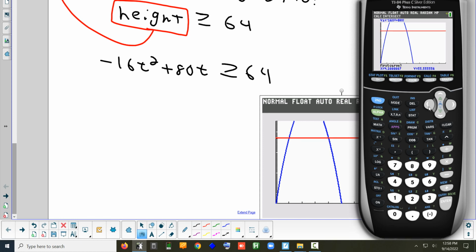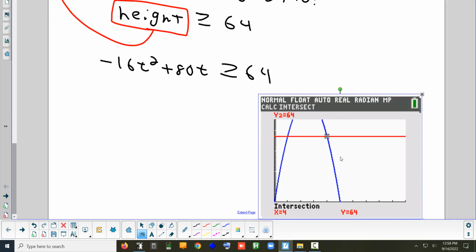So I'm going to do the one on the left. Actually, I'll do the one on the right because I'm closer to it. And I get 4. So that means on the way back down, this object goes below 64 feet at the 4-second mark. So that's the right end of my interval. And if you calculate the other intersection, you end up getting 1.